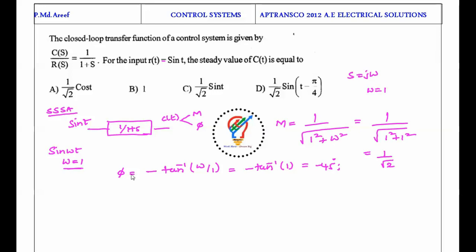Now the overall output C of t is equal to, now we got magnitude 1 by square root 2 into sin of omega t, with omega 1, so t, and the phase difference is 45 degrees, which is nothing but pi by 4. So pi is nothing but 180 degrees, so pi by 4 means 45 degrees. So the answer here is D.